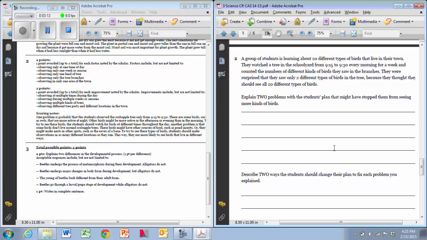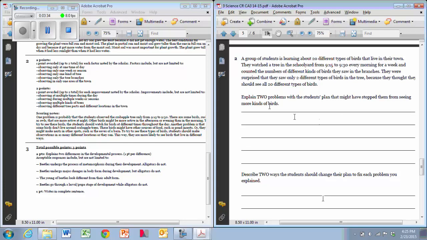So when scholars read that, this question is worth a total of 4 points, 2 points for this first section and 2 points for this bottom section. So they need to note at first 2 problems with the plan that maybe cause those students not to see more types of birds.